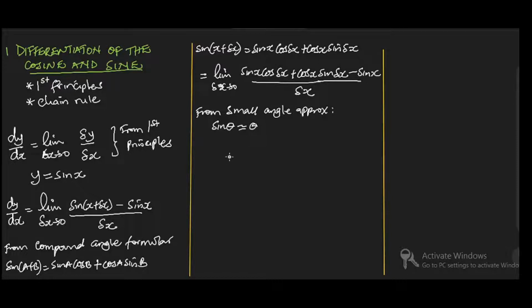That is for small angles. Then what happens to cos theta? Cos theta will be approximated to 1 minus a half theta squared. We are generating this from the knowledge of small angle approximations.